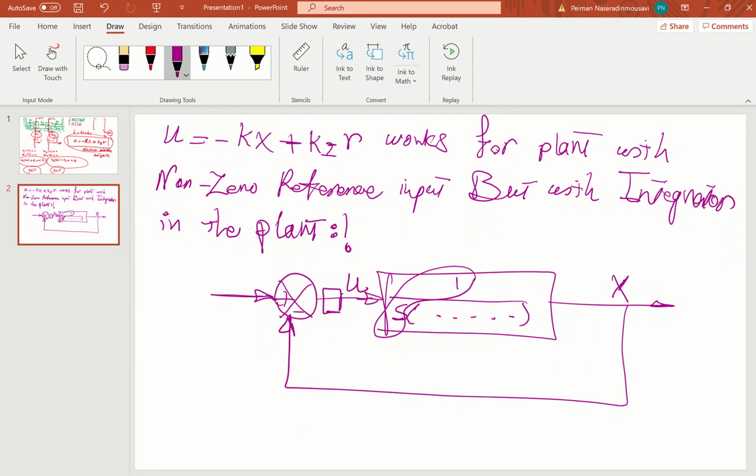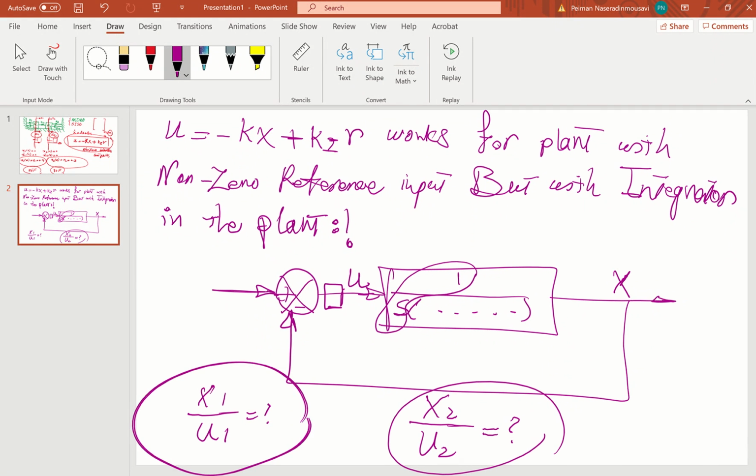I want you to go and calculate x1 over u1 as homework, and x2 over u2 as homework also, and see if we have an integrator in the plant for each mass.